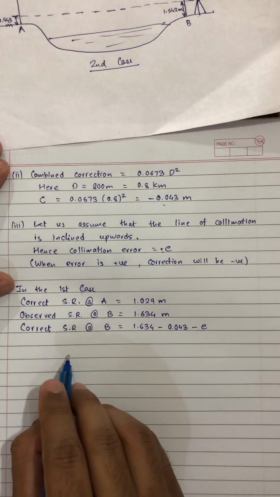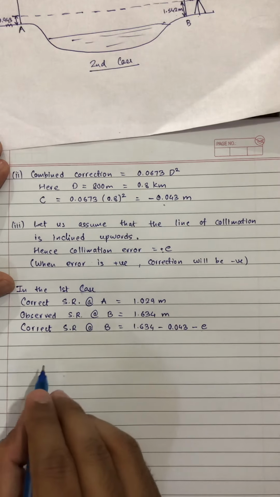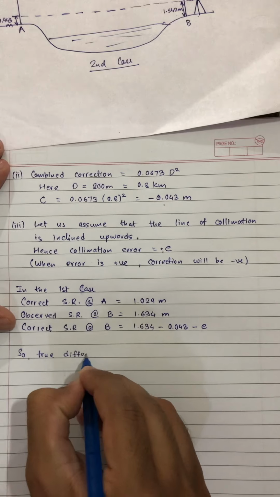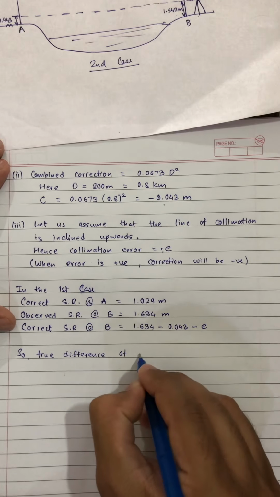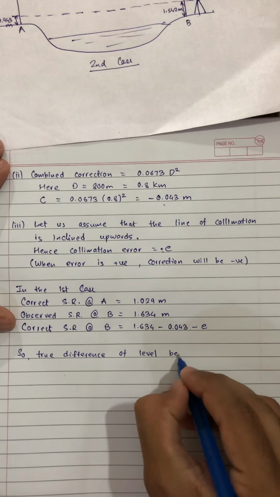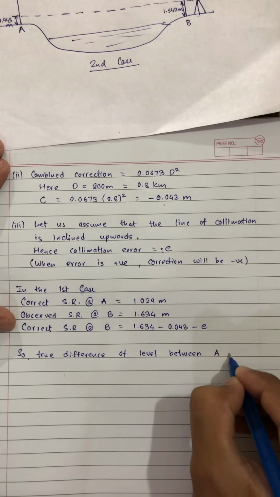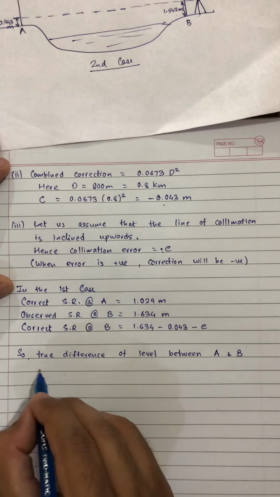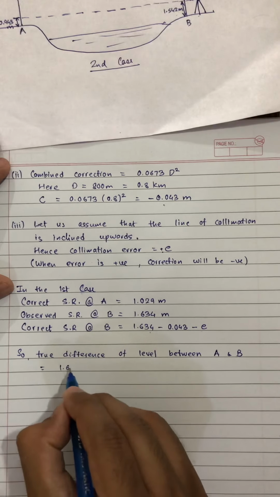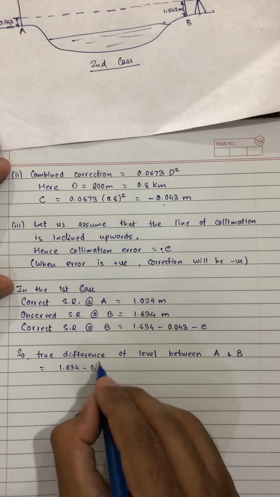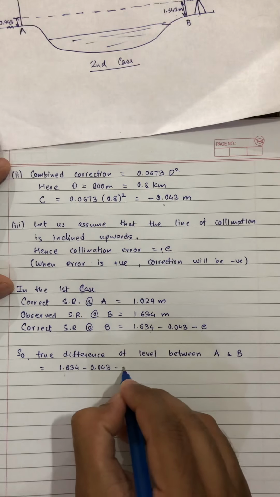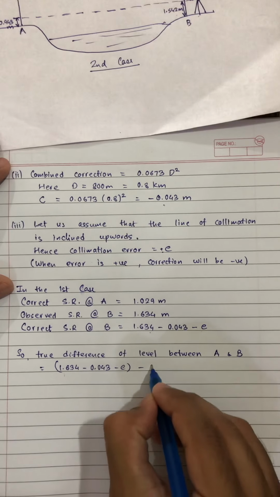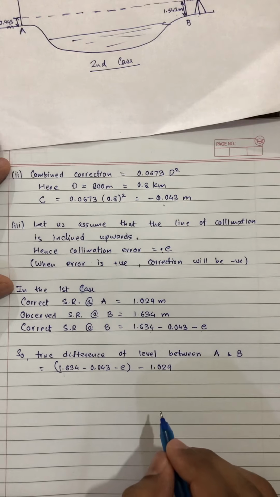Now what will be the true difference of level between A and B? The true difference of level will be 1.634 minus 0.043 minus E, subtracted by the correct staff reading at A, 1.029.